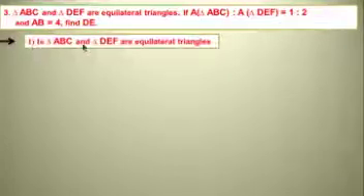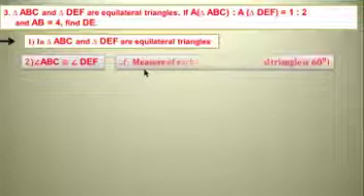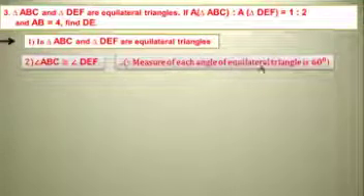Triangle ABC and triangle DEF are equilateral triangles. Angle ABC is congruent to angle DEF; the measure of each angle of an equilateral triangle is 60 degrees.